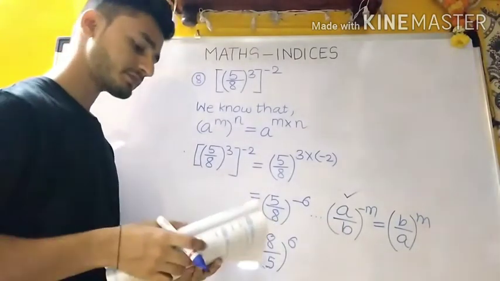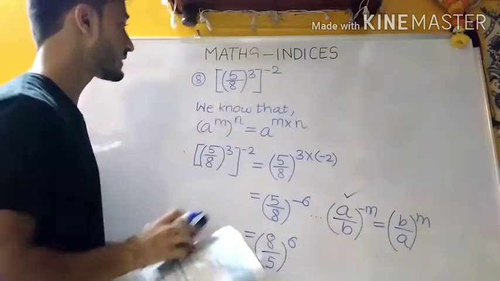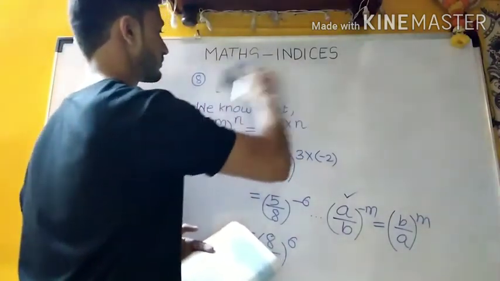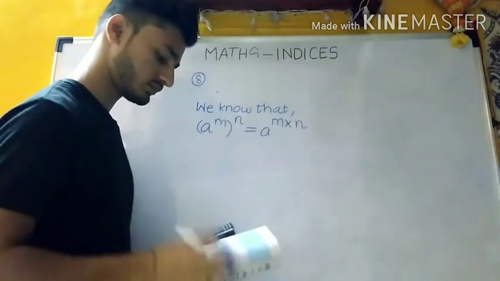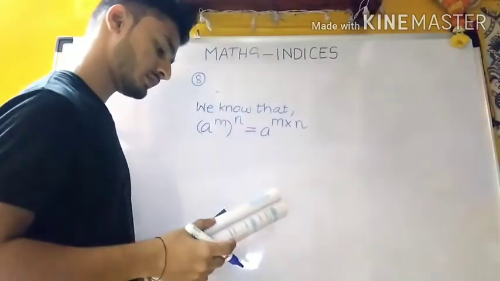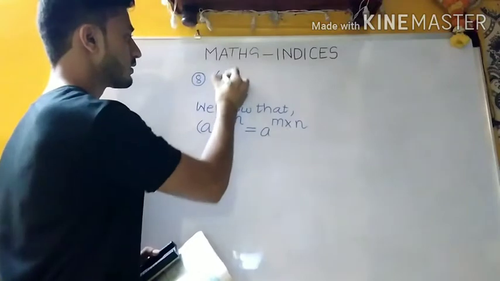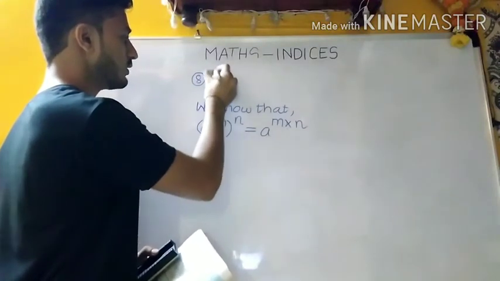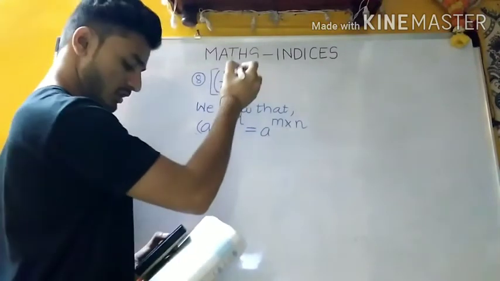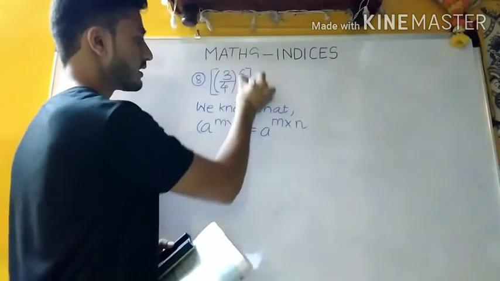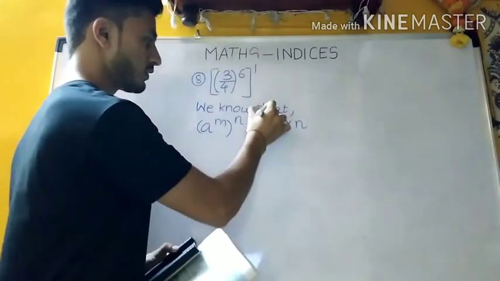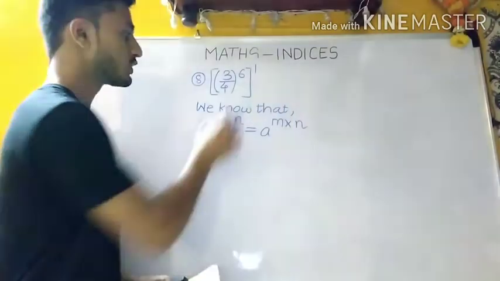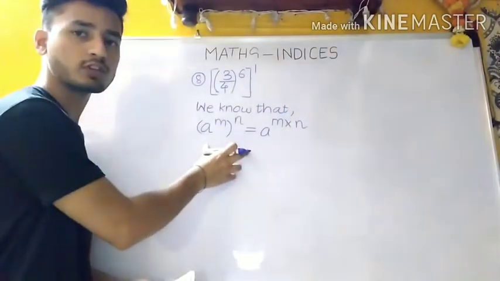Okay, now the 9th sum. Three upon 4 raised to the power 6 raised to the power 1. Now we are going to convert this question in the form of formula.